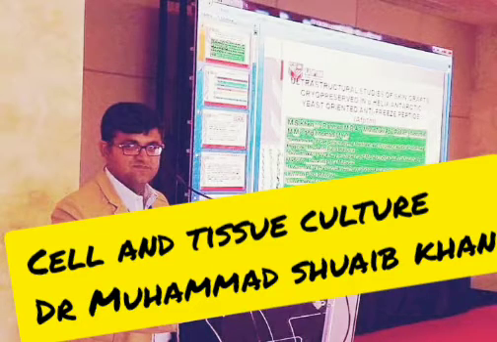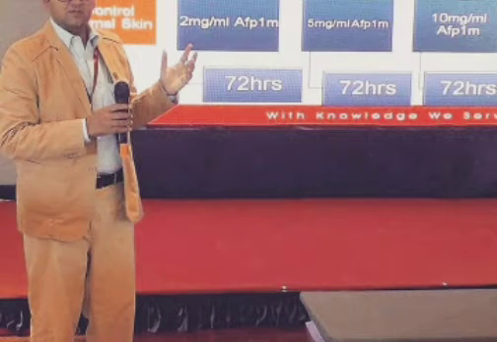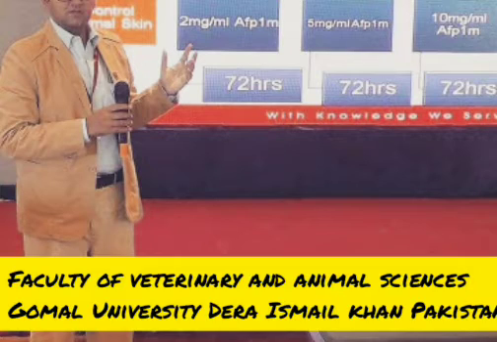In the previous lecture we learned about the scope of cell culture, some basic definitions, and a glimpse of the history. Repeating briefly: tissue culture was a technique practiced about 100 years ago.